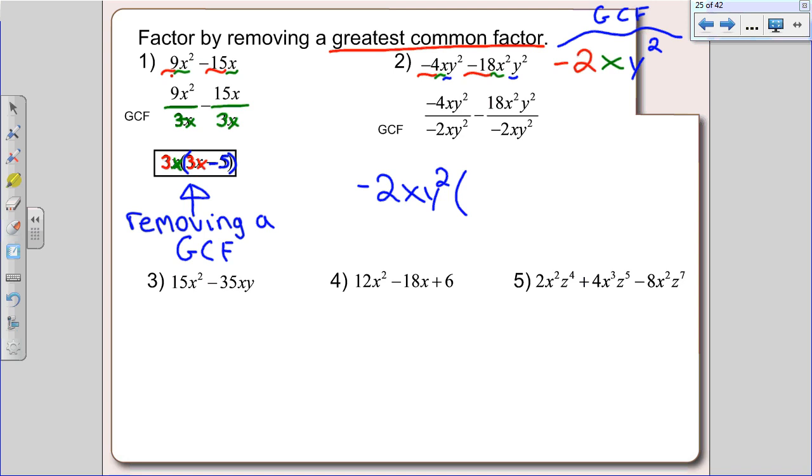So if we actually tried it, and I tried to do this division right here, you go numbers with numbers, letters with letters. So negative 4 divided by negative 2 would give me positive 2. If you're not sure, you can always use your calculator for that.